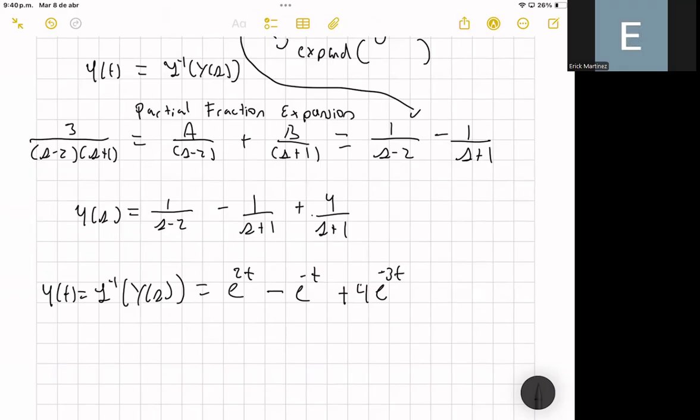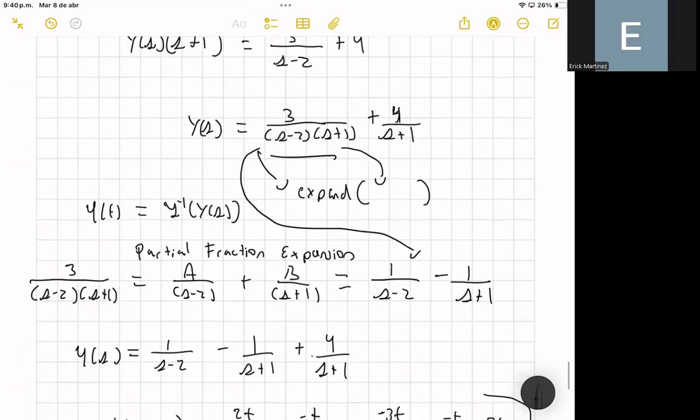Okay. And we get the final result, well, we can simplify this further as 3 times e elevated to the minus t plus e elevated to the 2 times t. Okay, so this is the result of this differential equation.